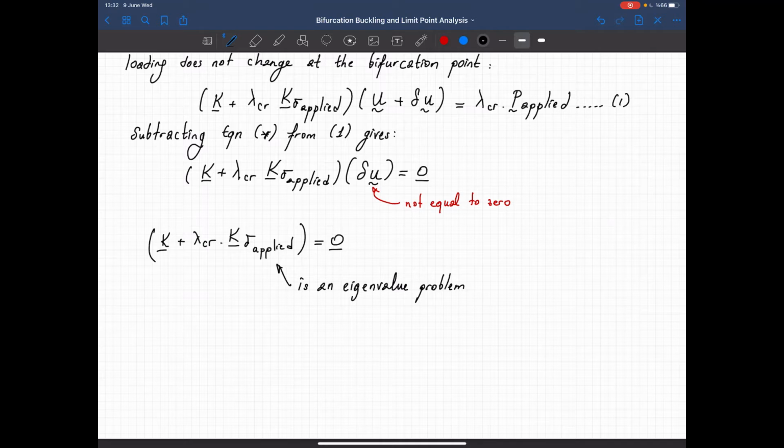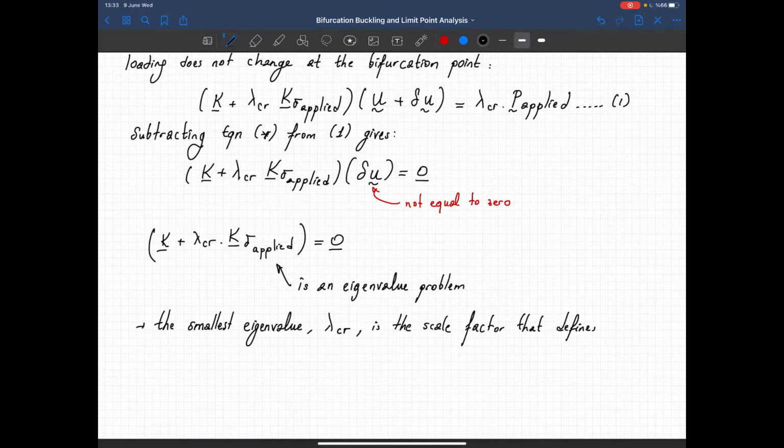And when you solve the eigenvalue problem, the smallest eigenvalue, let's call it lambda critical, is the scale factor that defines the level of applied loading that causes buckling.